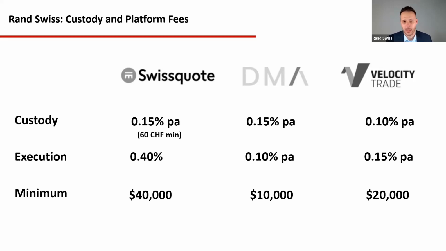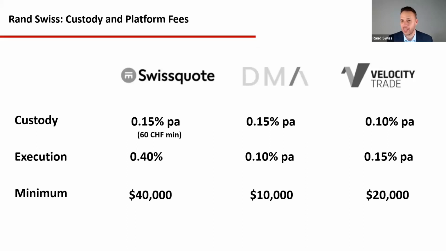Swissquote. So Swissquote also, like the actual minimum on the product, we can go lower, but we don't suggest actually using Swissquote as a custodian unless you're going to put in at least $40,000. Swissquote is an incredible bank. Your online fully Swiss bank account, you can get credit cards on it. It is a little bit more expensive, so your execution is at 40 basis points. The underlying custody is at 15 basis points.